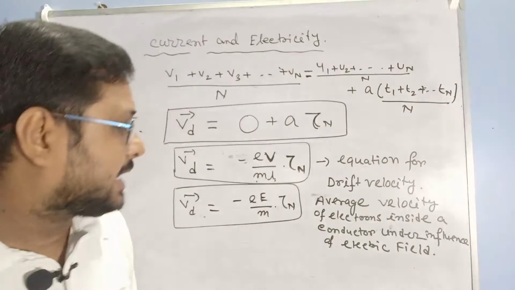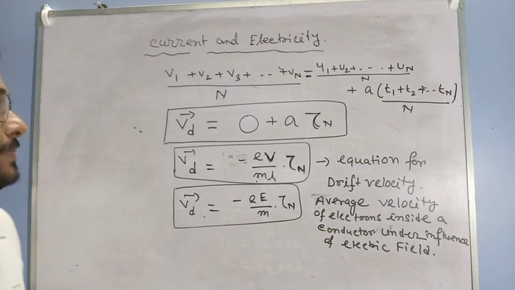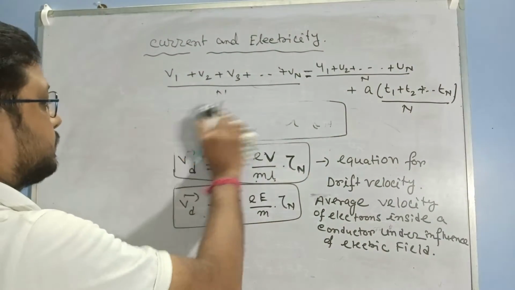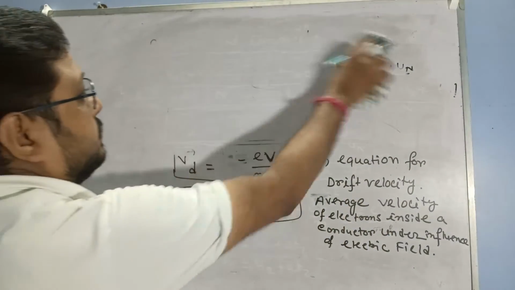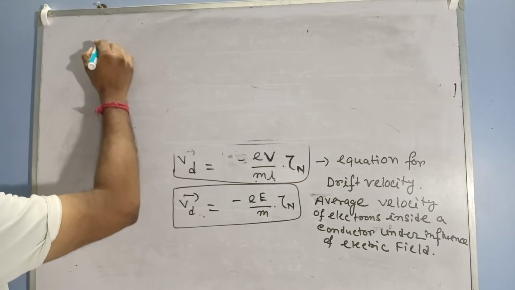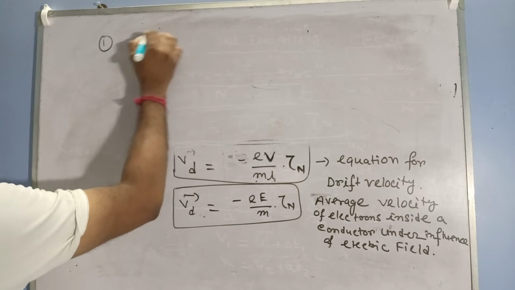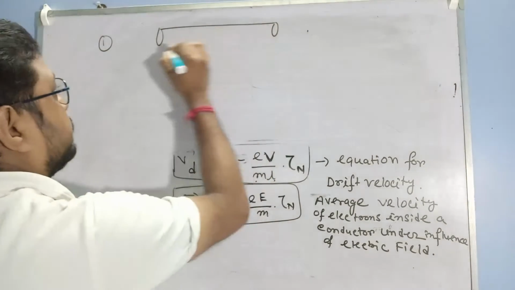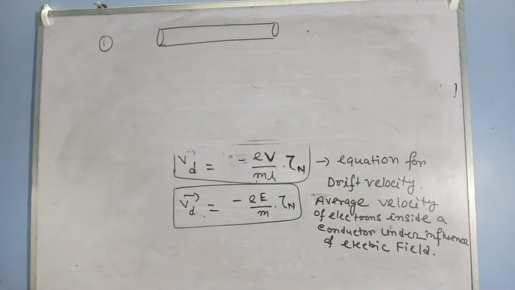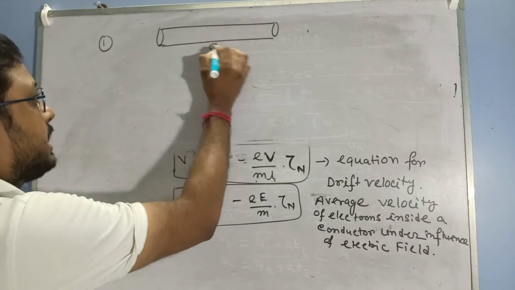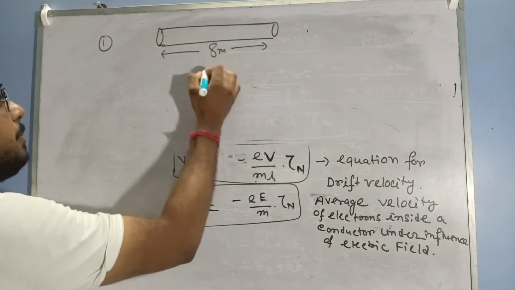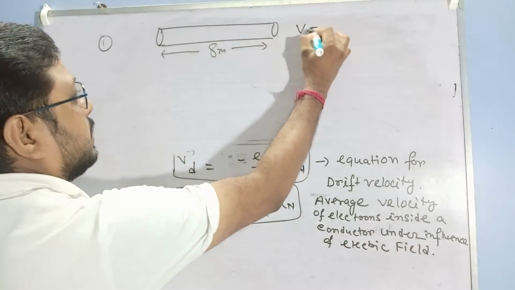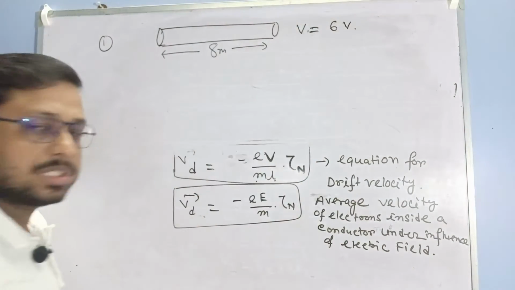Let us do a numerical using these equations. There is a conductor of length 8 meter, and a potential difference V equal to 6 volt is applied across it.